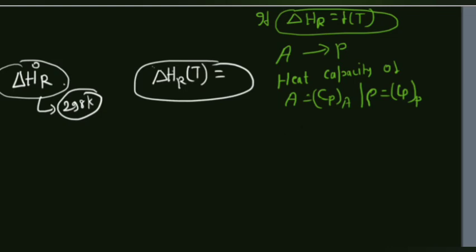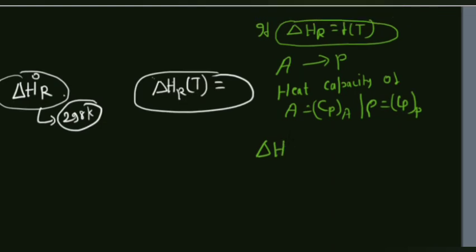If you want to calculate the enthalpy of reaction at any particular temperature, H of R at that temperature equals delta H naught of R plus the integral of delta Cp dT from T1 to T2.